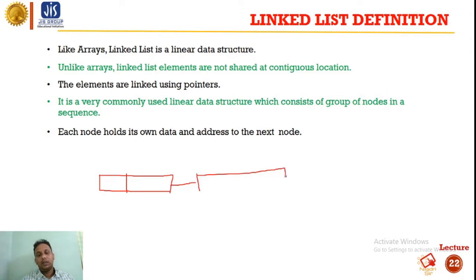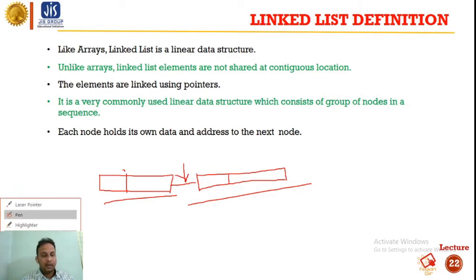So this is how a linked list basically looks. These are the nodes. This is a node, this is another node, and this is the link between two nodes. We'll discuss the node later.